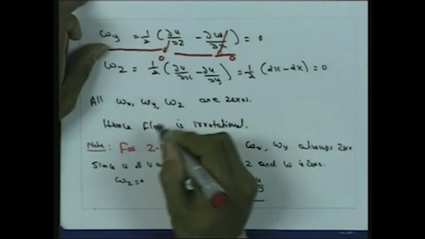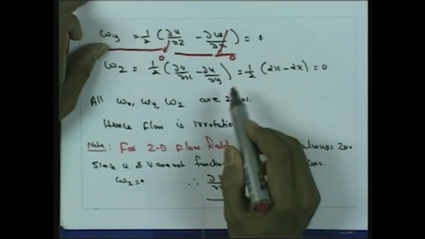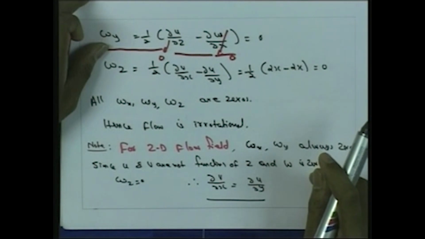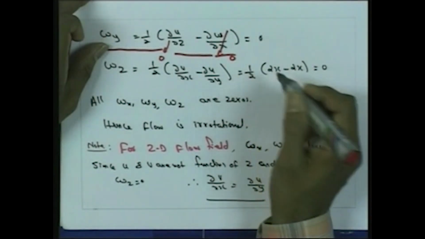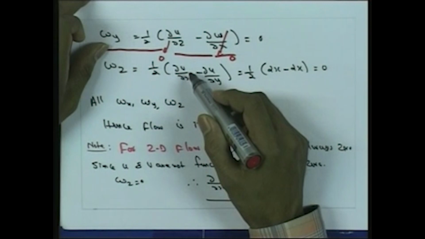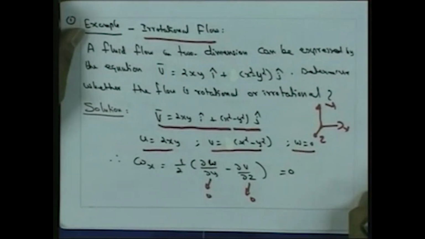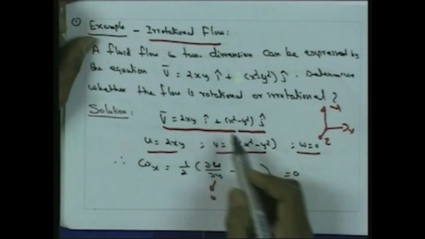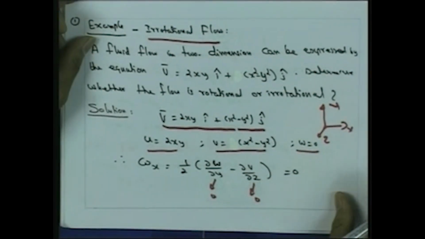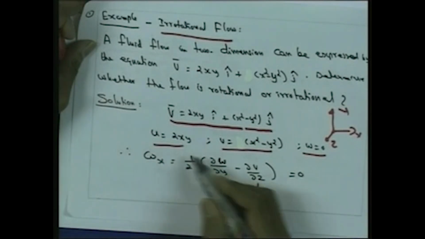Then the third rotational component, omega z, is defined as half of (del v by del x minus del u by del y). As far as our definition is concerned, the velocity is V bar equals xy i plus (x square minus y square) j. So u is defined as 2xy and v is defined as x square minus y square.